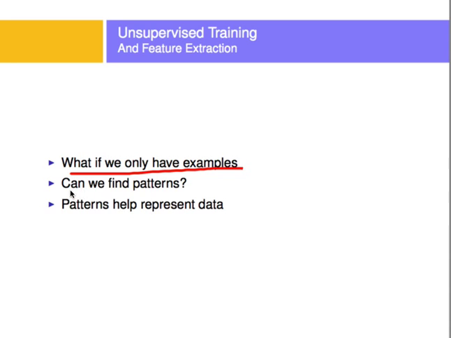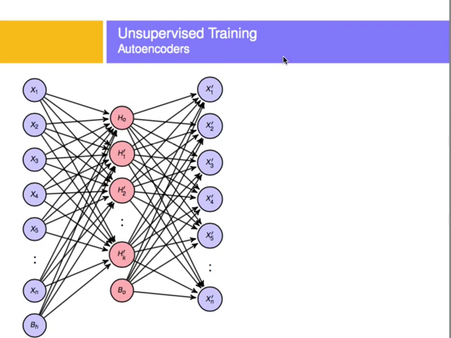So the idea is, can we find patterns, and actually patterns that help represent the data, not just any pattern. There is a way with neural networks, and the kind of neural network that we use here has this morphology. It's called an autoencoder.